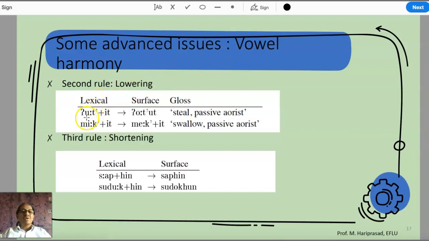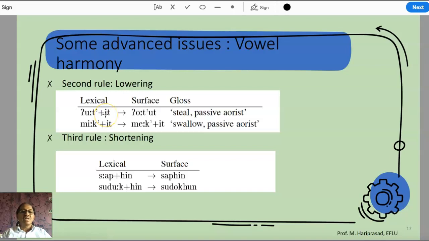Lexical, you have hot, right? You have a glottal stop, u, which is round, long, and back, right? Back, long, round. And you have the suffix it. E is front, unrounded, and short.